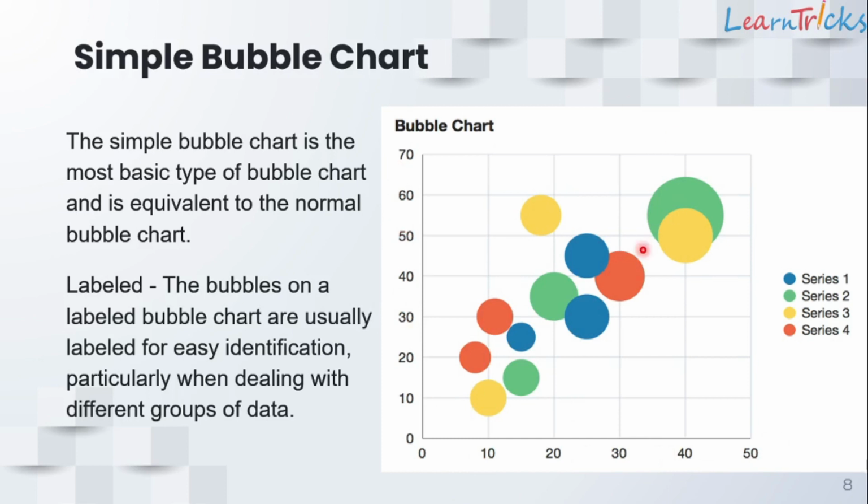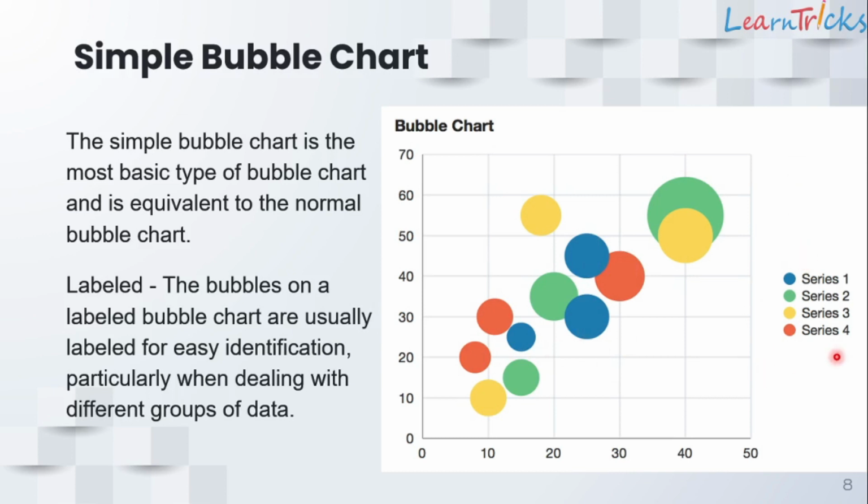It has circular markers, the same as in a scatter plot, but the size of the marker is not the same. We have 3 dimensions: the x coordinate, the y coordinate, and the radius or size of that bubble.